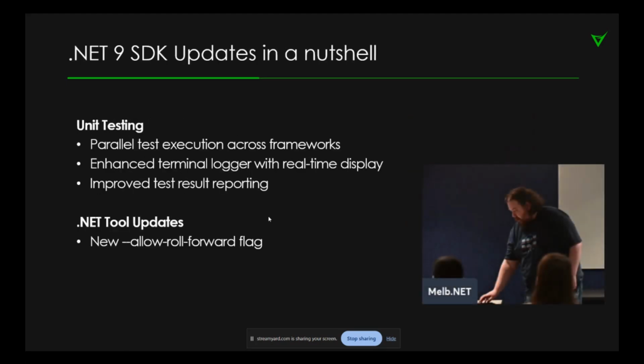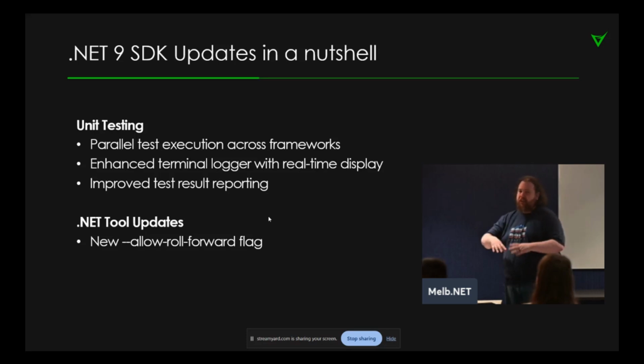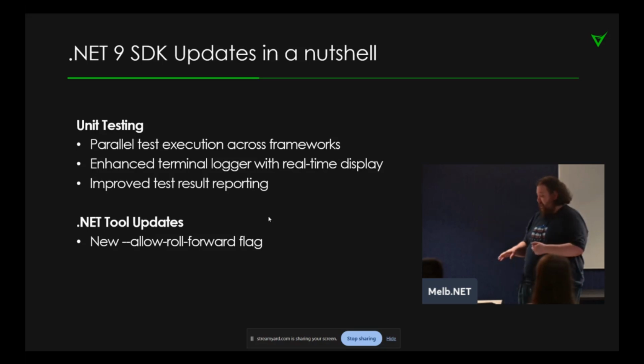Cool. So we're just going to do a quick lightning round through what the changes are for the .NET 9 SDK, and then I'm actually going to show you some of them rather than just sit there with more slides. So quickly, we've got some improvements with unit testing. So running test executions in parallel across frameworks. I'll explain a bit more in a demo about what that is.